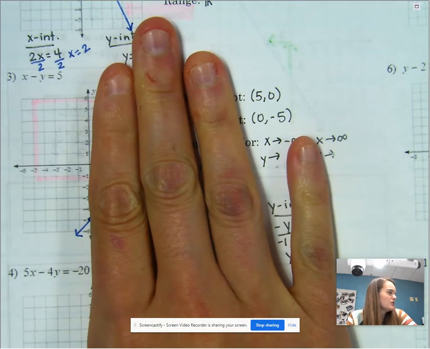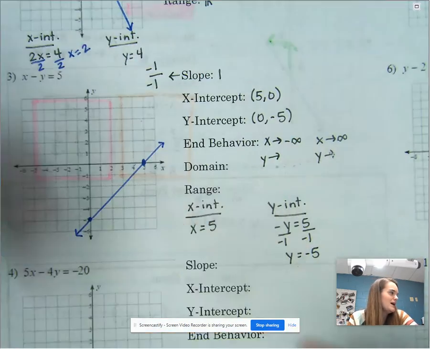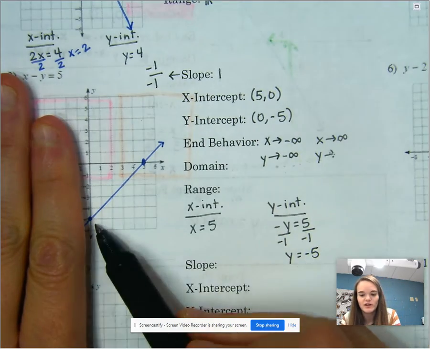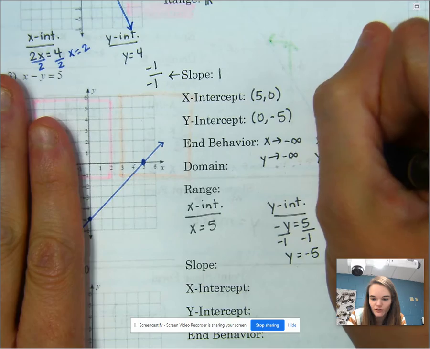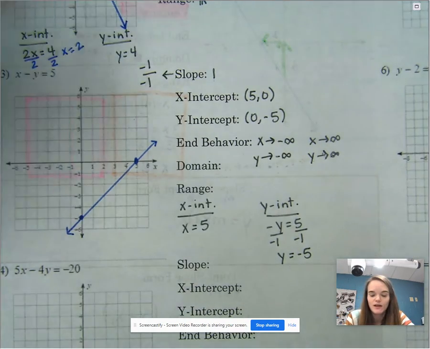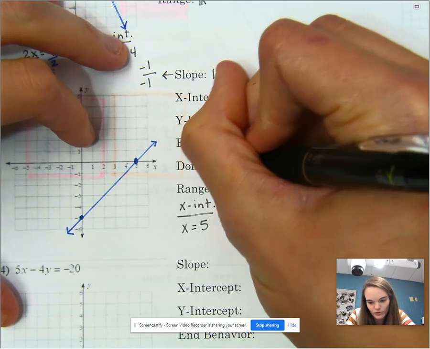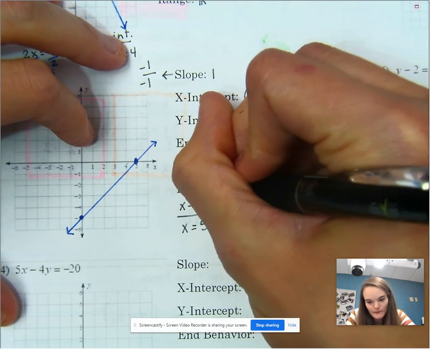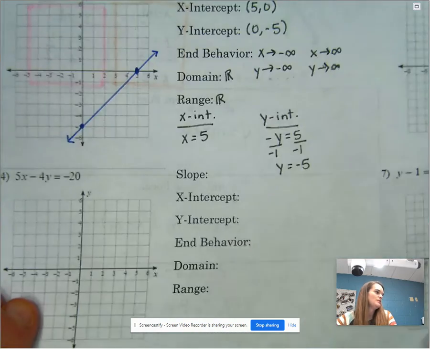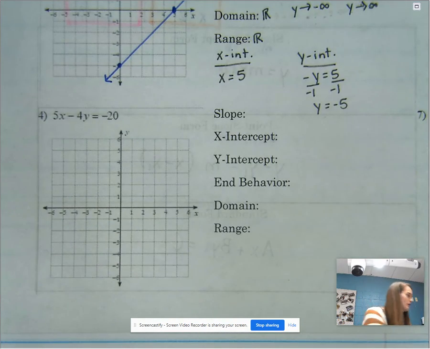Right here, when x is going towards the negative value, so is y. It's going down, so it's negative infinity. On the right side, it is going up, so it's positive infinity. Okay, and domain and range are all real numbers. If you did not already do number 4, which I will show you, you need to pause it and do it now.